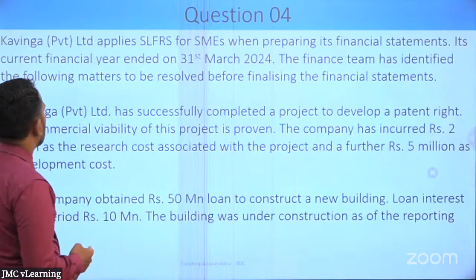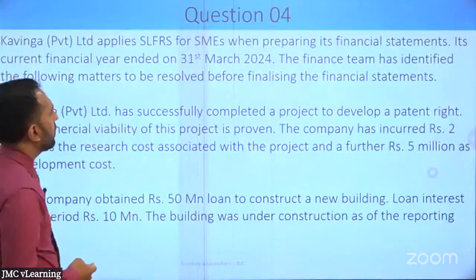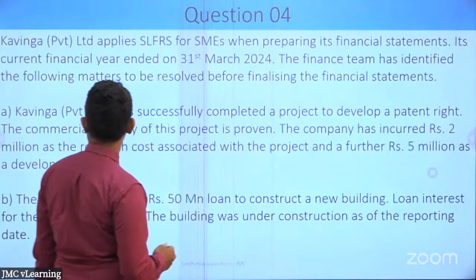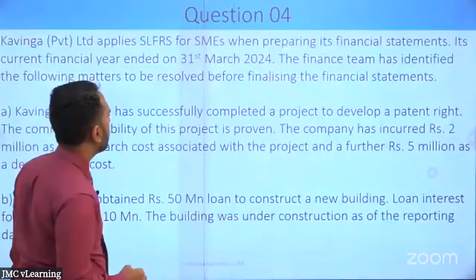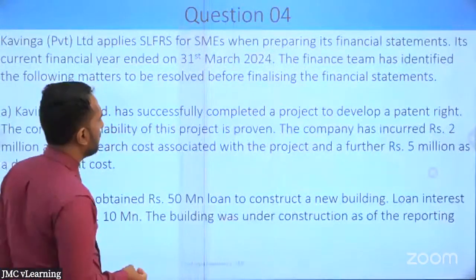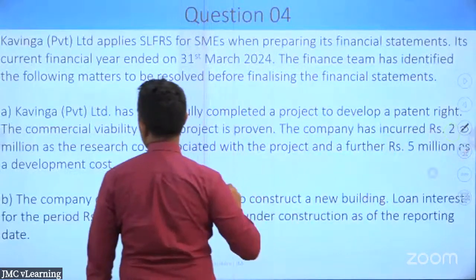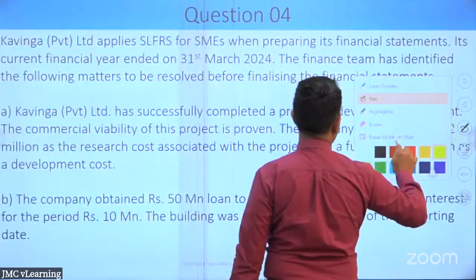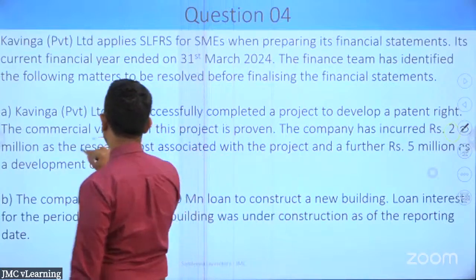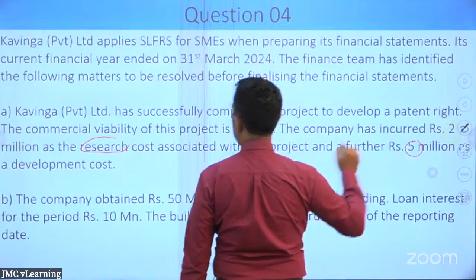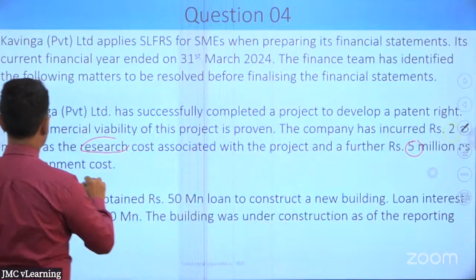First one, Carving Private Limited has successfully completed a project to develop a patent right. The commercial viability of the project is proven. Company has incurred 2 million as the research cost and a further 5 million as the development cost.